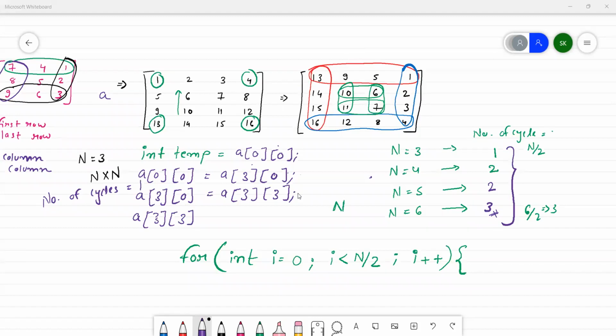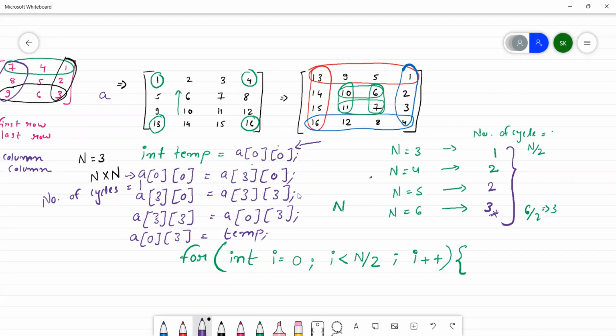A of 0, 3. And finally, in place of A of 0, 3, you should be storing your temp. Correct. Not 0, 0 because it is already filled now. So your value was stored in temp, so you assigned temp. Clear to everyone? It is just a game of swapping, yes or no?